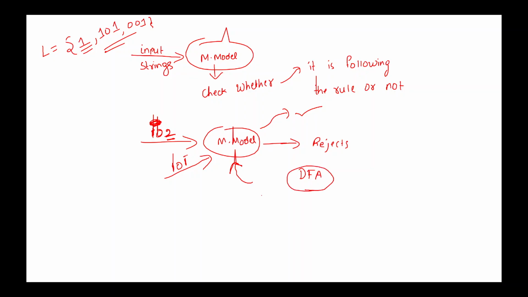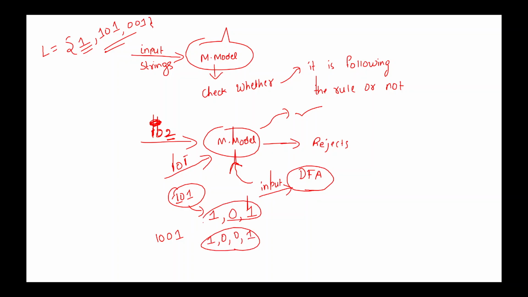So DFA is a mathematical model which receives some input symbols, and these input symbols, like 101, for example, are taken one by one. First 1 is processed, then 0, then 1. If the input is 1001, then first 1, then 0, 0 and 1.